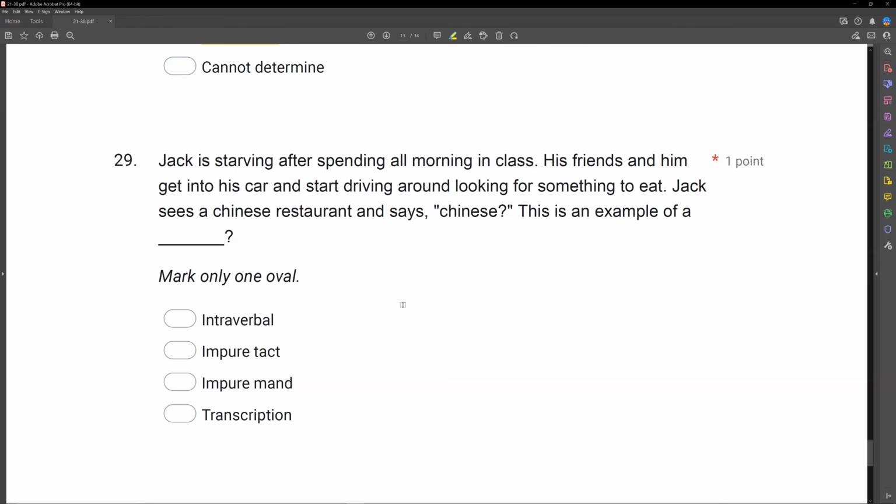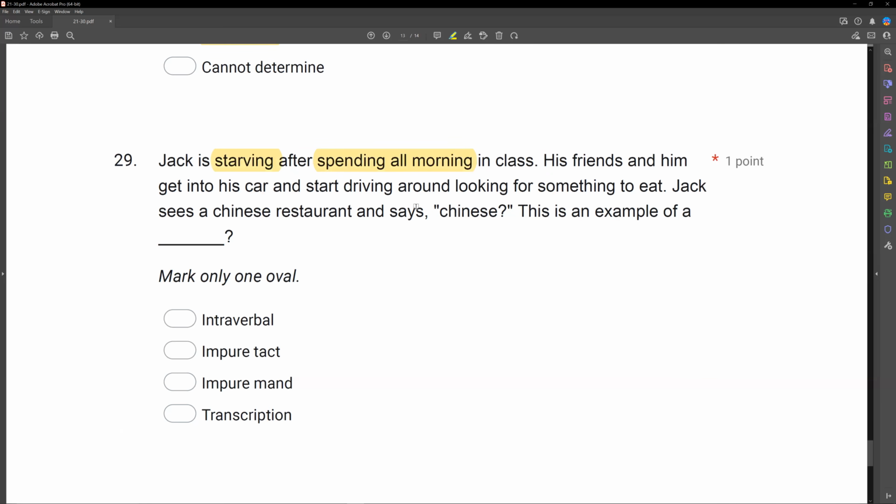A lot of people think it's a manned and an interverbal or a tact and interverbal. If we look at Cooper, an impure tact, it's part manned, part tact. It's evoked by a motivating operation and a nonverbal stimulus. So in this case, Jack is starving. Here's our MO, right? He's deprived of food after spending all morning in class.